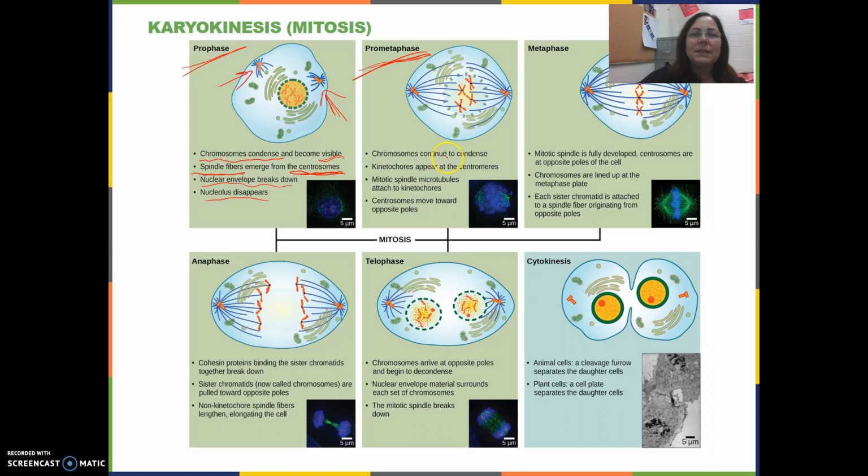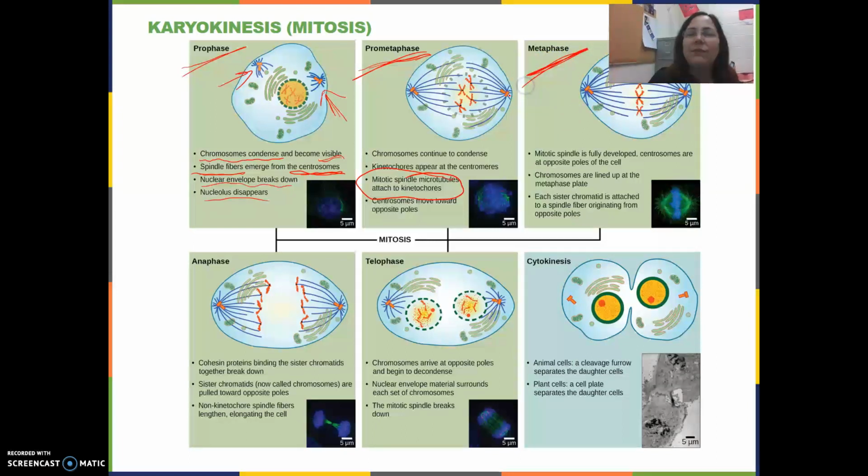So this is the most important step in prometaphase: the spindle microtubules, or spindle fibers, attach to the kinetochores at the centromeres of each pair of sister chromatids. And so what they're doing is organizing those chromosomes and moving them toward the middle of the cell. And that is when metaphase is reached.